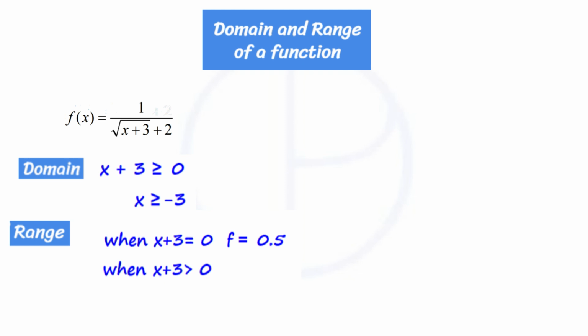So when the denominator value increases, f of x decreases. 1 divided by some big positive number always gives some very small positive number, but not 0. So f of x will not reach 0 and it will always be greater than 0. So the range is 0 less than f of x less than or equal to 0.5.